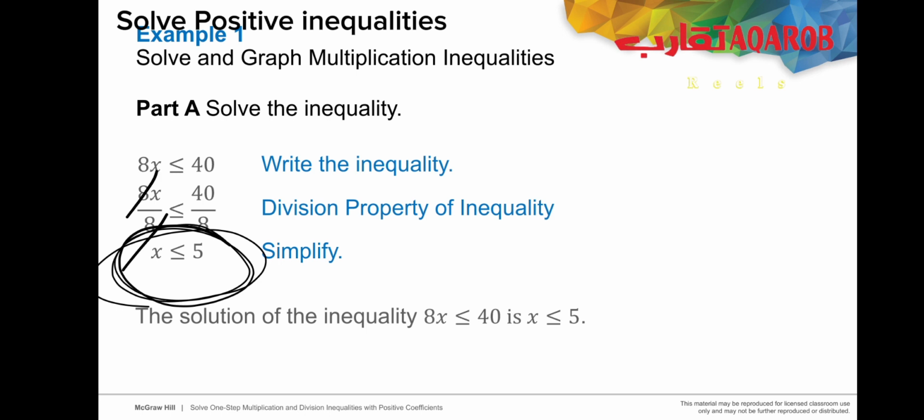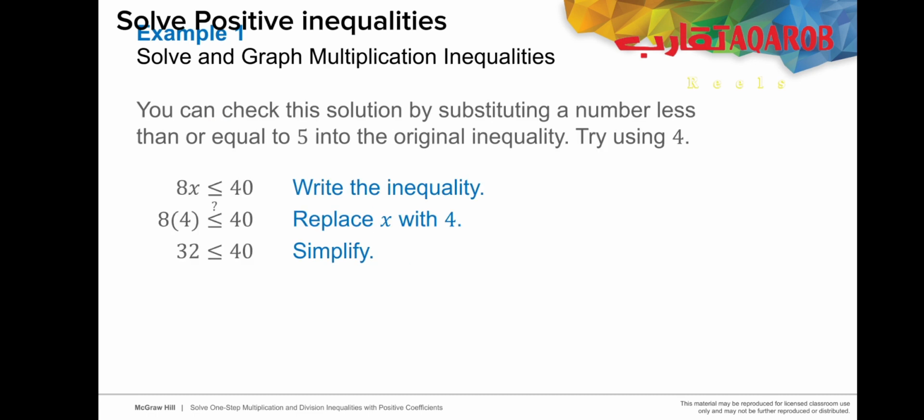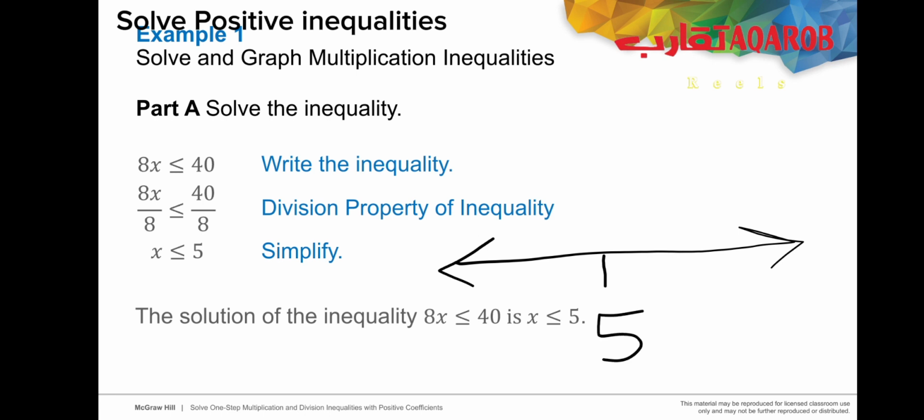How to graph it? Here, to graph it, I will draw the number line, and in the middle of it I will put the number 5, and as we said, x is less than or equal to 5.